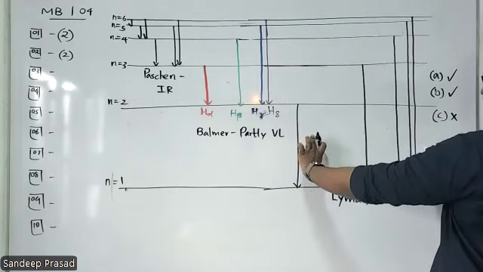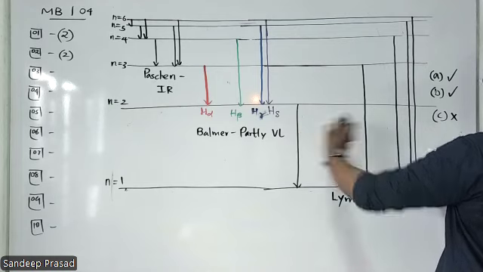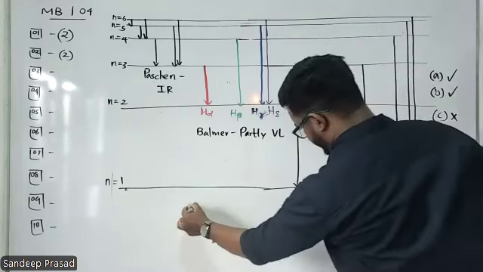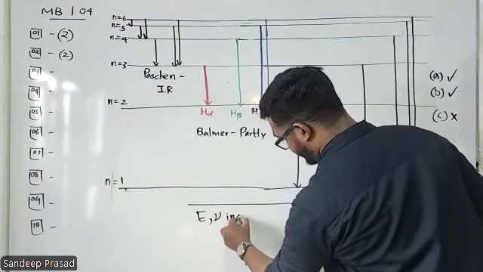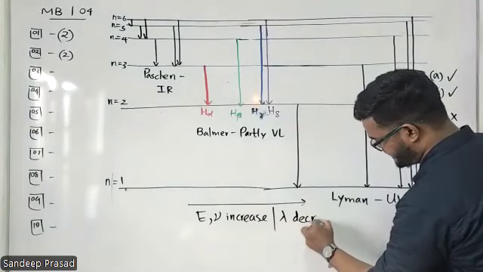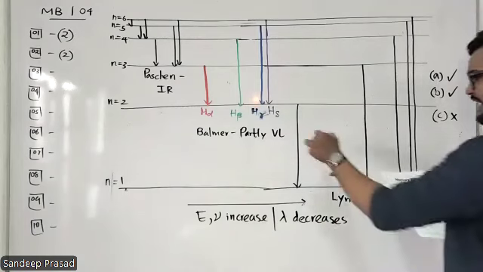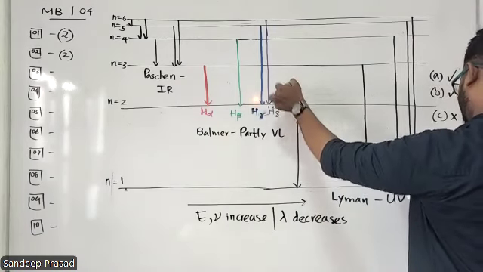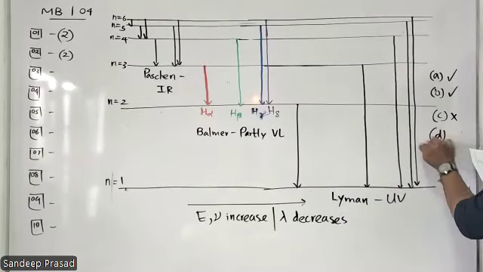So we always consider that the Lyman series has the highest frequency and the highest energy. Can you remember we learned that in this direction, energy and frequency increase. And what will happen to the wavelength? Wavelength decreases in that direction, right? So the N equal 1 to 2 gap and the N equal 3 to 2 gap are not equal. So statement D is wrong.